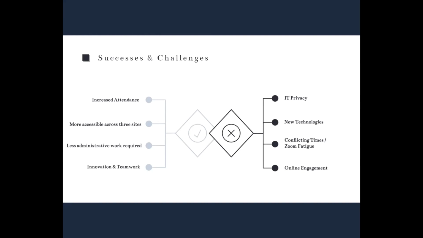So it's much more accessible for everybody. There's less administrative work required on the patron side. You don't have to register in advance. And it's also less administrative work for us on our end, because getting the classrooms for all the instructional sessions was always a bit of a challenge when everyone else is trying to book all the rooms as well. So not having to worry about that has really helped us.